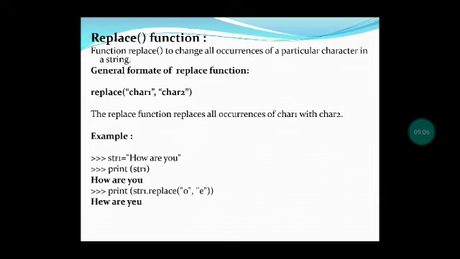How, H O is there, and Y O U is there. So that O has been replaced into E. So this is the use of replace function in Python. And for removing the string in Python, we will use del command. For deleting purpose, we are using del command.